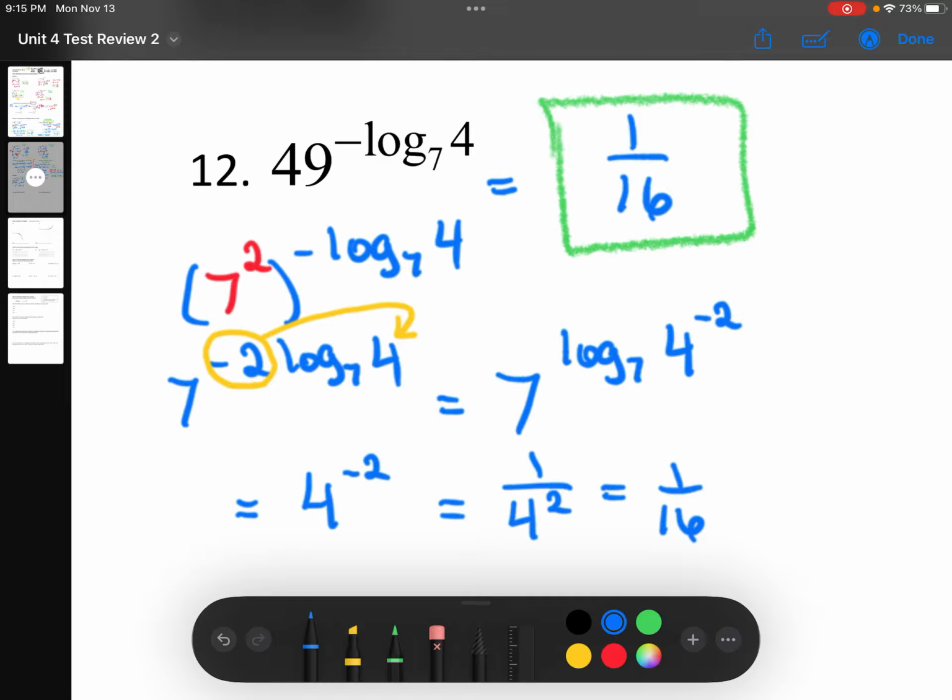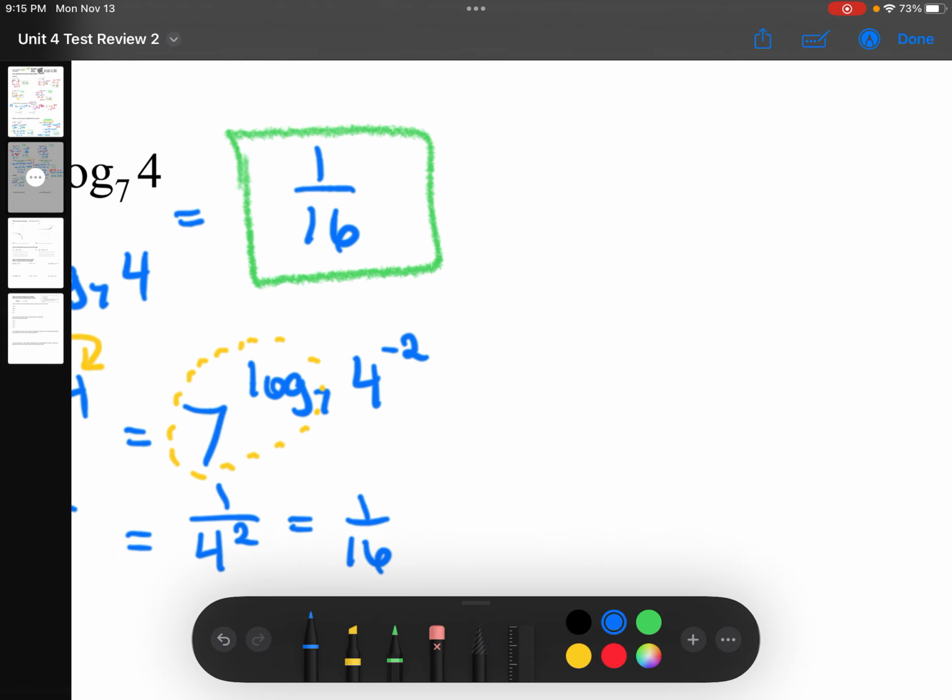So 1 over 16 is that final answer. This 7 to the power of and log base 7 undo each other, leaving us with just that 4 to the negative 2.